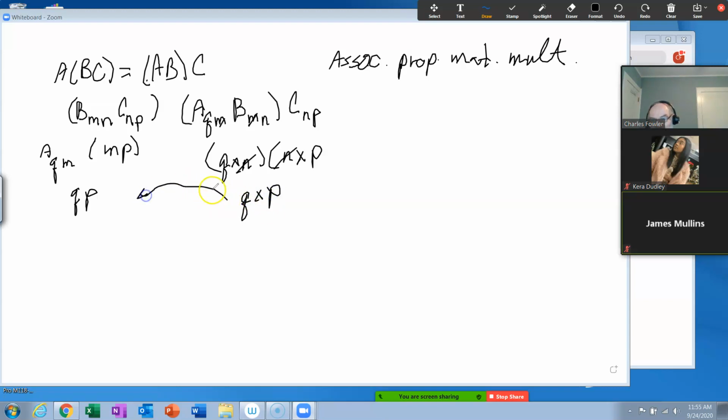I put the times sign in one of them, but not the other. So at least size-wise, we know this makes sense. You have to verify the numerical part later, but the sizes make sense.